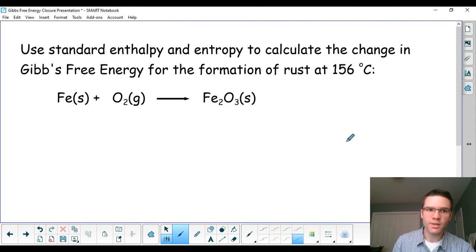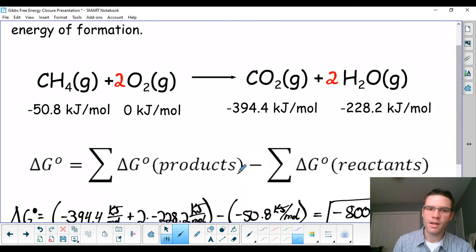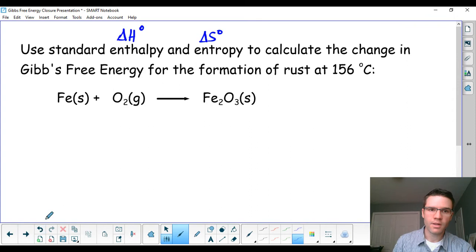This one asks you to use the standard enthalpy. This is delta H, so another type of problem here. Standard enthalpy would be delta H, and your standard entropy to calculate the change in Gibbs free energy. For this particular problem, you would be thinking, I am not going to be given the Gibbs free energy of formation values, so I can't use this first equation here. I need to use this equation.